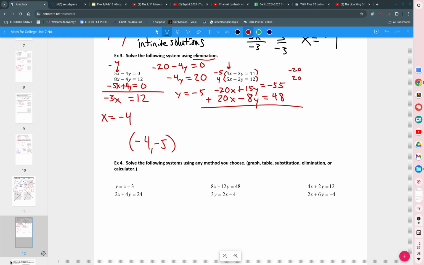Now what's really nice is I add them together. The x's go away. They eliminate. 15y and -8y make 7y. And -55 and 48 make -7. Therefore, y is equal to -1.